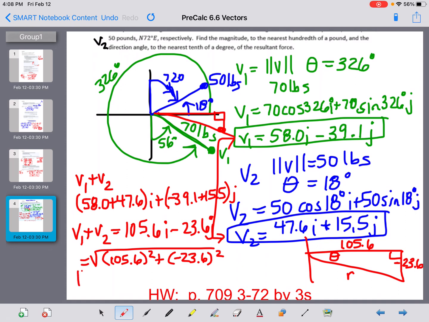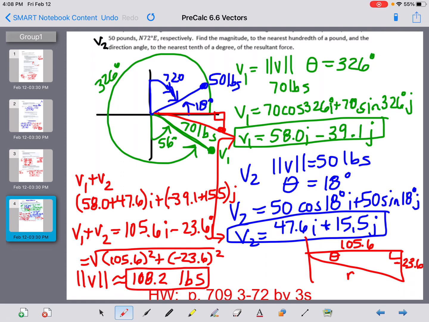Okay, so I have a resultant vector here of about 102.9 pounds, okay? It's not what I had on my paper from the last time I did this, so let me try it one more time. Nope, I messed up. Okay, let's try that again. How about 108.2? I don't know what I typed in wrong the first time. 108.2 pounds. There's my resultant vector, okay?